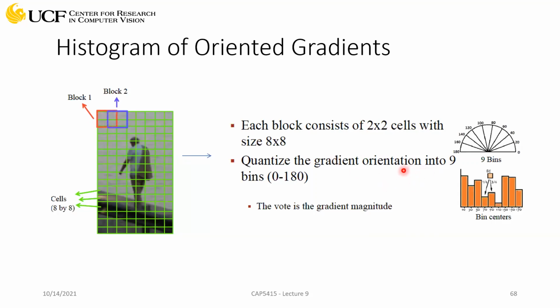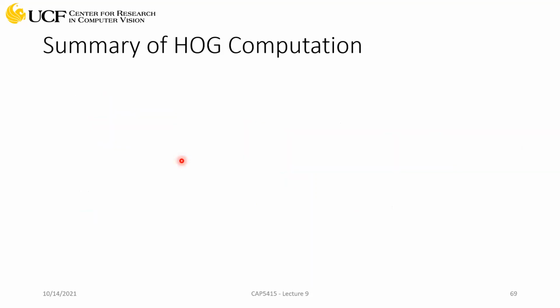For example, if you have a discretization of 9, each histogram will have 9 values, and then each block will have 36 values, right? 9 times 4 is 36. Depending upon how many blocks you have in the entire image, your feature vector will be of that length. And that's your histogram of oriented gradients.